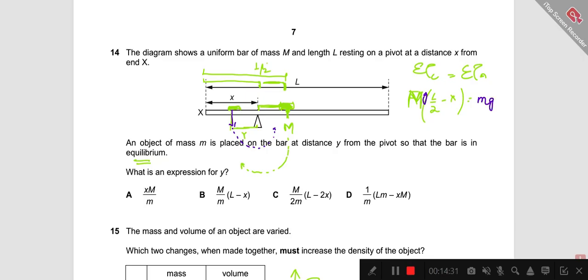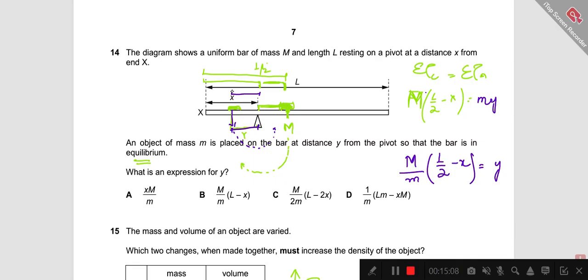That is weight, which we place as force, and g would have cancelled with g. Right, so I'm just skipping the g point, even if you wrote it, it would cancel. And then this weight multiplied by the moment arm, that is the distance between this point and this point, which they've already mentioned, that is y. So I'd place a y here and we have to make an expression for y, so keep y on one side and take everything else to the other side. You would have M divided by small m, L by 2 minus x.